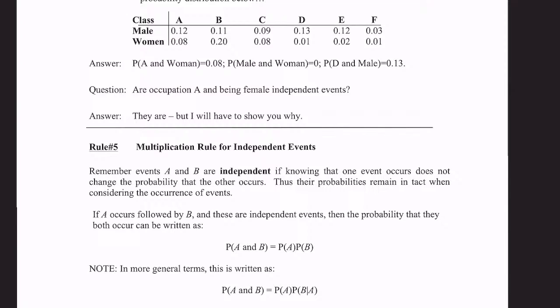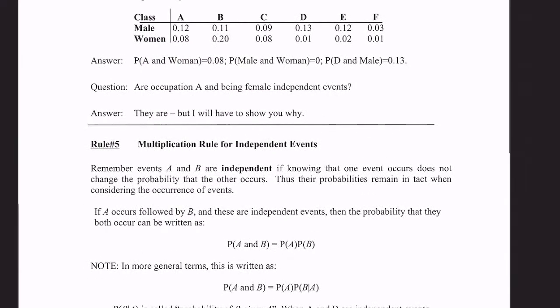So let's think about it. If we were sitting in the classroom and we were staring at the door and we were betting on the chance, so let's say this was a distribution of gender and occupation. So this is our distribution.